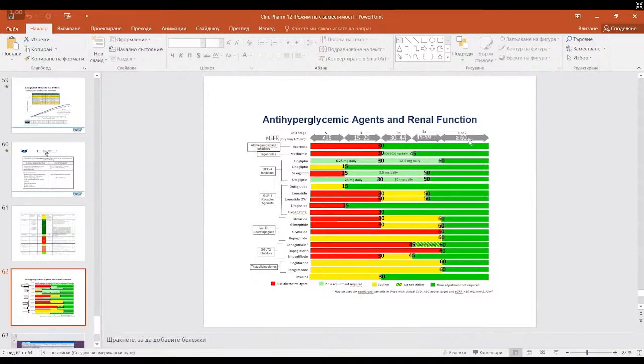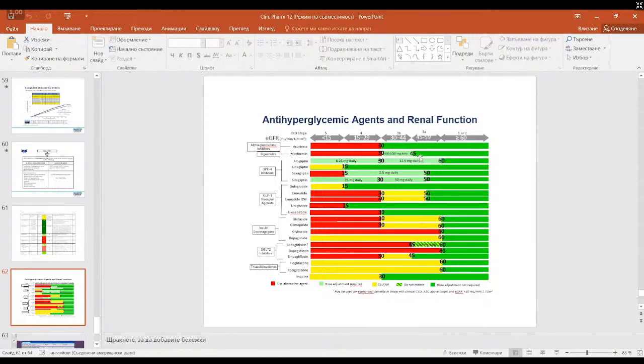And here you see the eGFR and the stages of CKD, so chronic kidney disease. Stage 1 or 2 are usually over 60 milliliters per minute. In stage 5, which is less than 15 milliliters per minute, they usually require either kidney transplantation or hemodialysis.